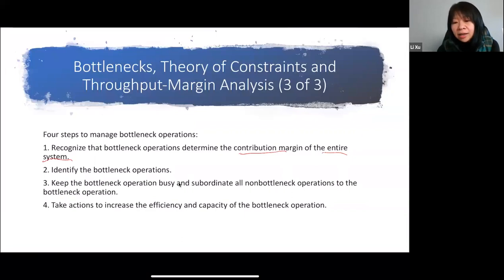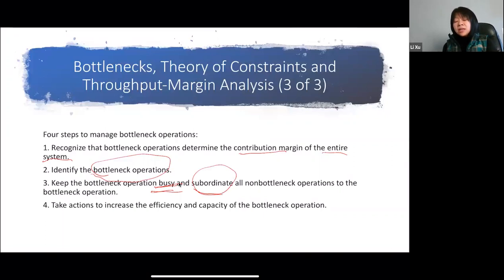And then you say, hey, I want to see which stage or which department is the bottleneck, okay? And the next one, the key, is you want to keep the bottleneck operation busy. If it's a department, only focus on that department, you want to keep that one busy, okay? You want to subordinate all other operations to the bottleneck operation.